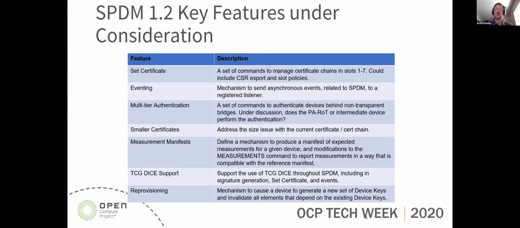And so adding on support for them would help align with the OCP spec. And then the group is also considering reprovisioning. And this could be reprovisioning of device keys or some way of invalidating device keys on an existing endpoint.